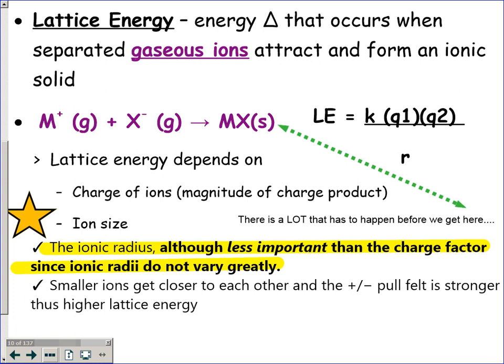You saw that on one of your FRQs two days ago, Monday, and you checked your FRQs. That's it for lattice energy. Magnitude of charges matters, radii doesn't matter as much.